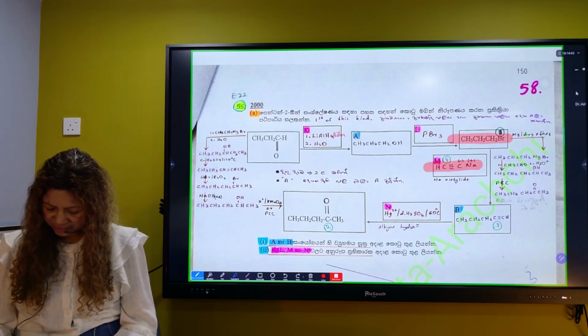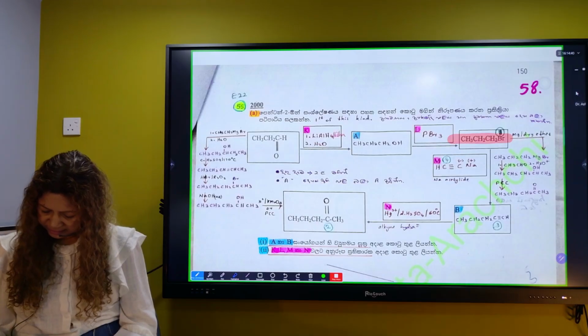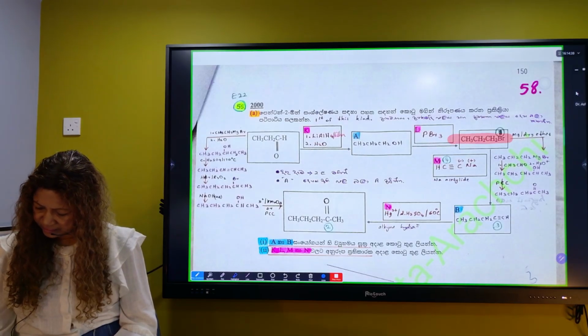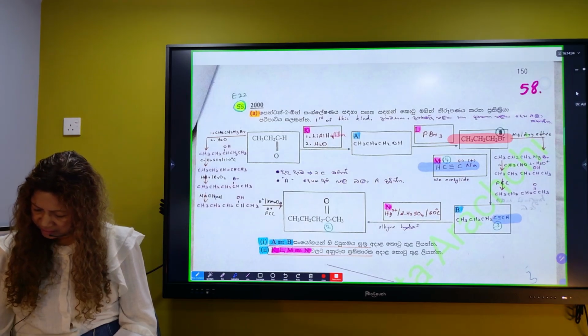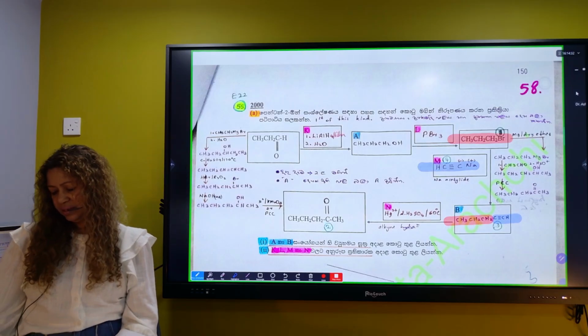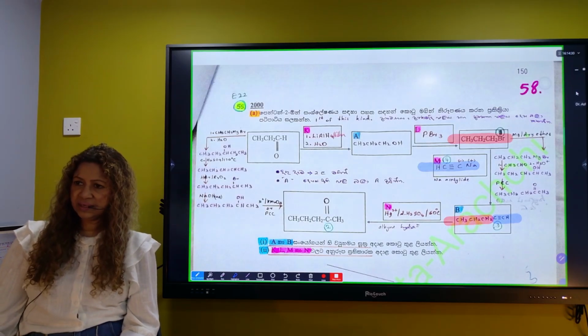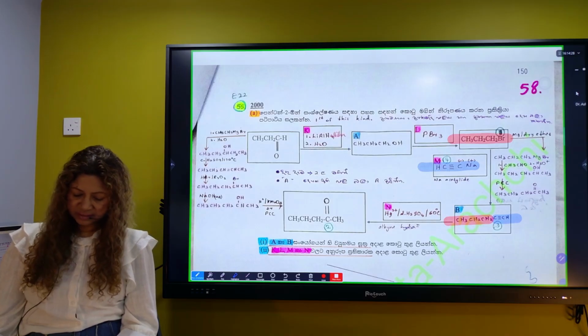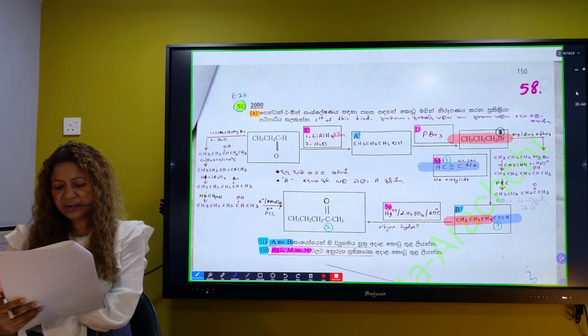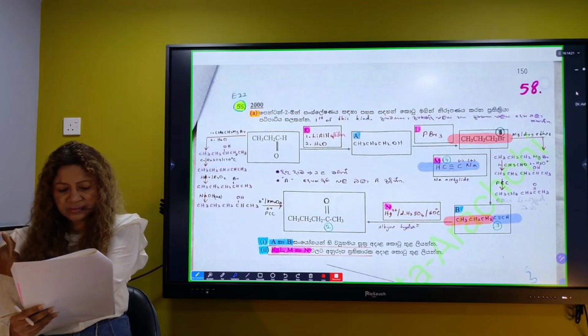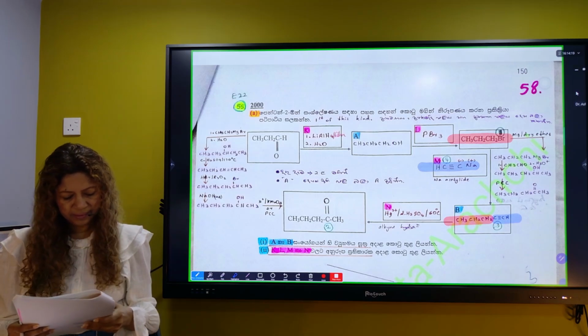This is this part, and this is the 3-carbon part. Then alkyne hydration. That's easy. So now we are coming to this little challenging organic chemistry again.